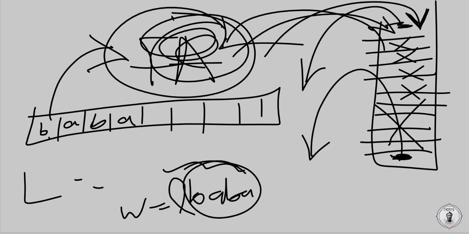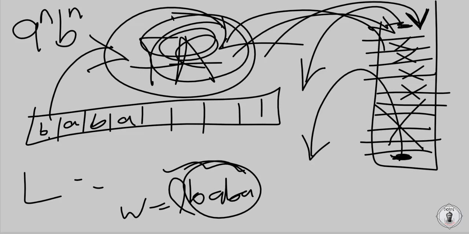Let me use a practical example so that you can have a clear understanding. I know that's what some of you are waiting for. Let me use this very common, very popular example. Suppose you have a language such that a raised to the power of n, b raised to the power of n.